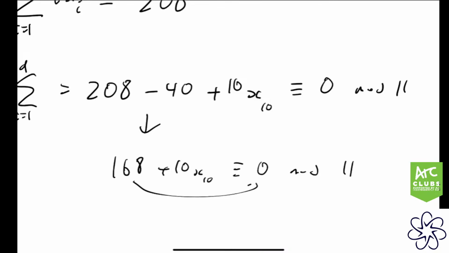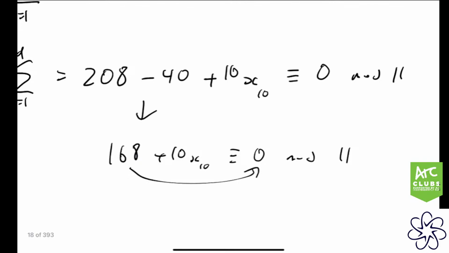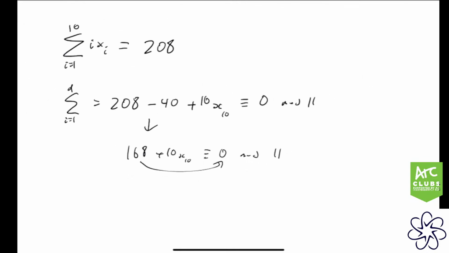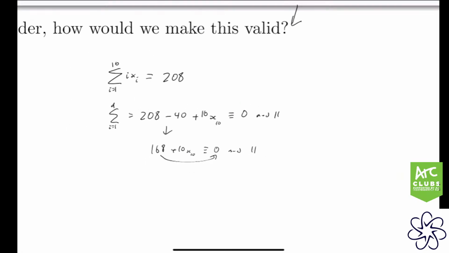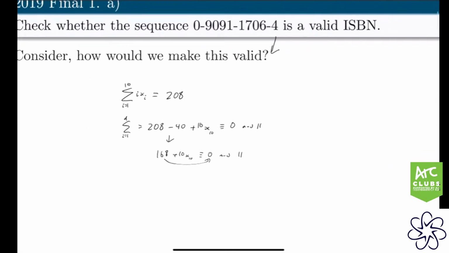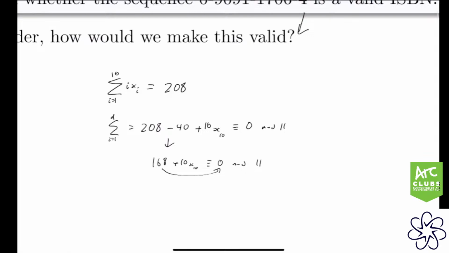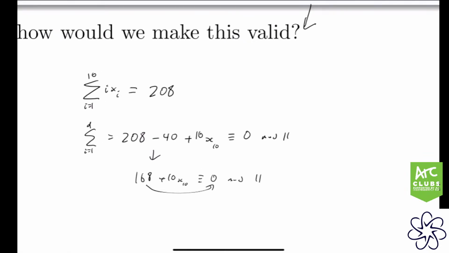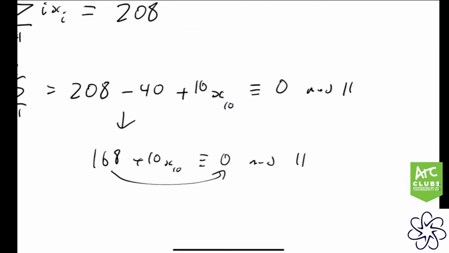And then we can take this number to the other side and then perform the extended Euclidean algorithm for those who have done 101. But as you might know, it is very lengthy, and for a problem of this caliber, kind of overkill. What I would recommend, and I think Brits recommends as well, is simply guess and check. As we're working in mod 11 here, x10 can only take 11 different values.